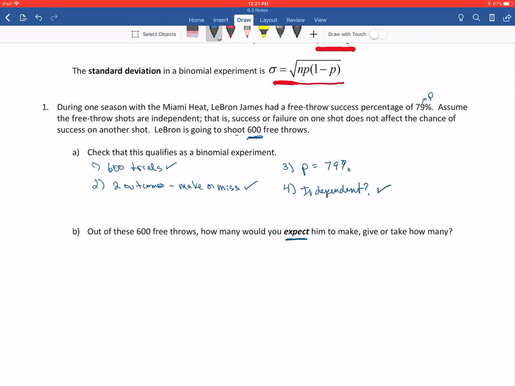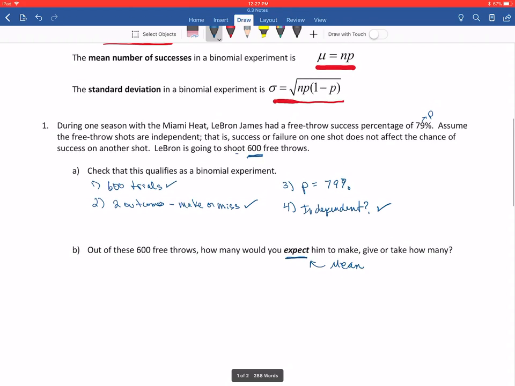Okay, expect, we talked about that in our last section. Anytime they ask you about how many do you expect, that is talking about the mean. So first we want to find the mean, and we have a formula for that here. To calculate the mean, we do N times P. So that's the number of trials, 600, times the probability of a success, which is 79%.